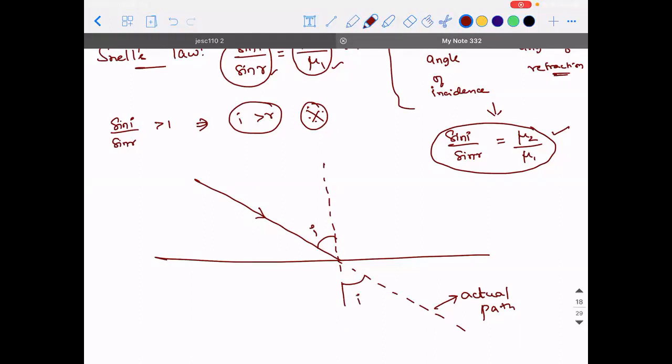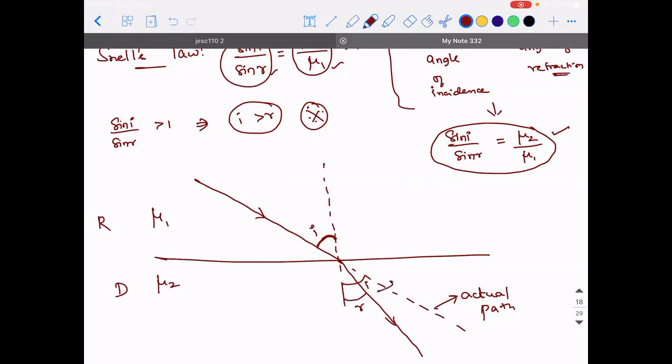Yes. But when the light is traveling from rarer to denser, what is going to happen, guys? They told that the angle of incidence is greater than the angle of refraction. Means the light will no more be able to travel in the actual path, but it will start bending like this. Since it is bending in this form, this angle is R and this angle is I. Are you able to understand that I is greater than R?